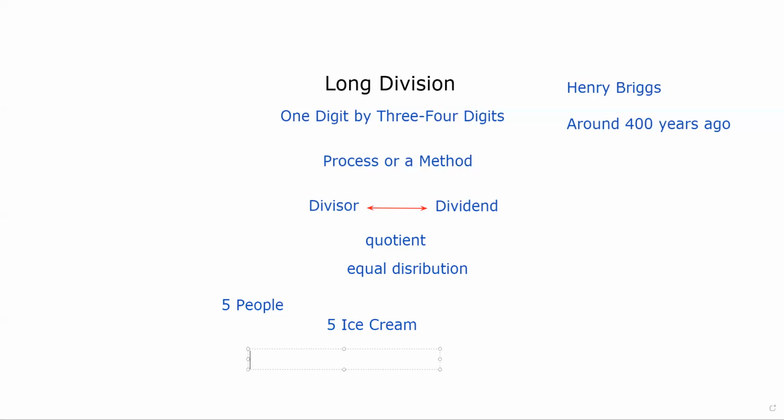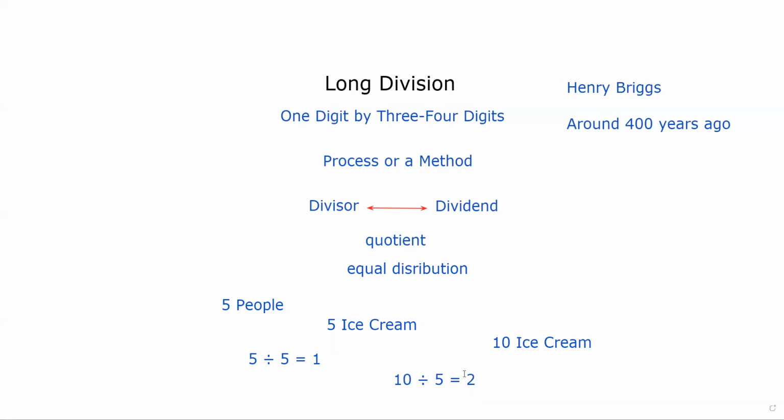So 5 divided by 5 equals 1. Now, do we have any remainders? Obviously not. What if I brought 10 ice creams? You would say each person will have 2 equally. So 10 divided by 5 equals 2.